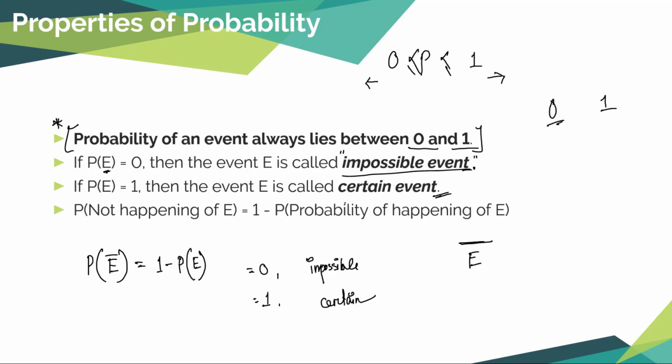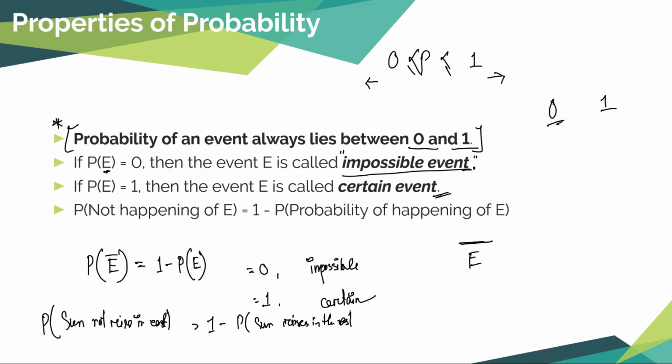Let's say, for example, the probability of the sun rising in the east is 1. If I want to find the probability that the sun will not rise in the east, it will be 1 minus the probability that the sun rises in the east.